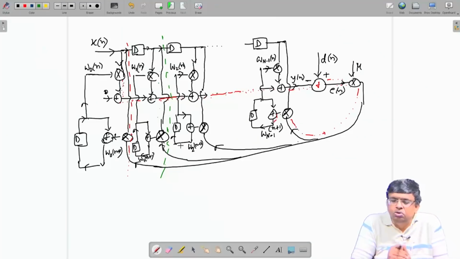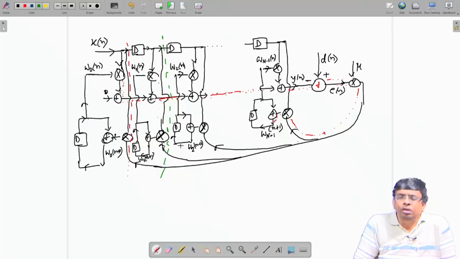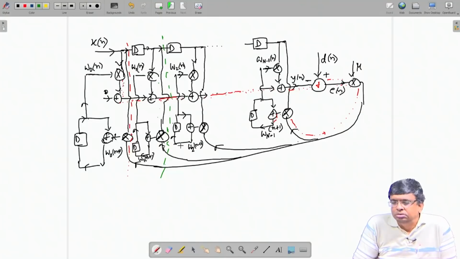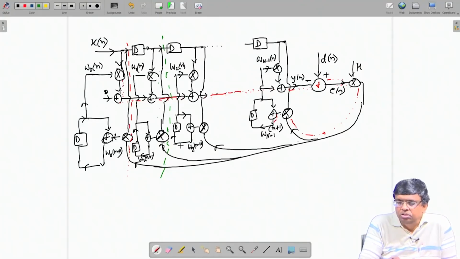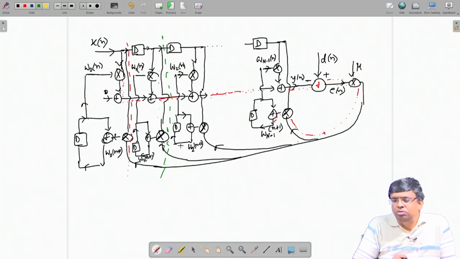So, this structure is good, but you cannot do any retiming on it, okay, because there is a feedback loop, and in the feedback direction there is no delay in the edges. There is a reason I cannot take out delay from that direction and insert them in the forward direction to bring down the critical path.